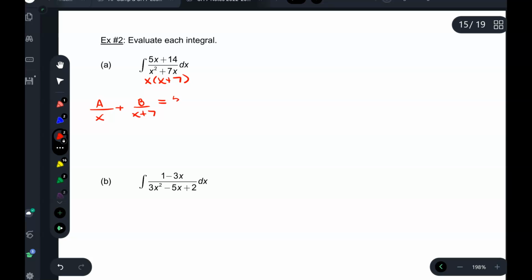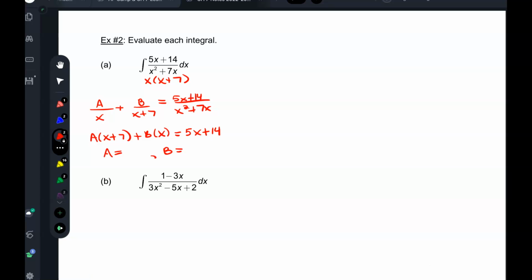So we have a times x plus 7 plus b times x equals 5x plus 14. Let's see what a and b are equal to. If x is 0, 7a equals 14, so a equals 2.